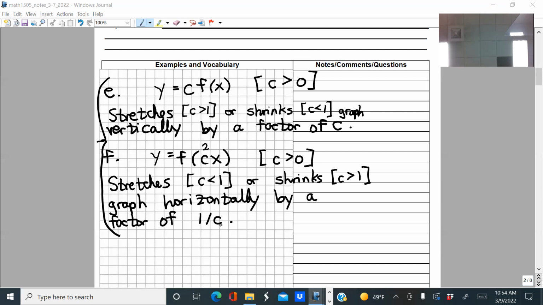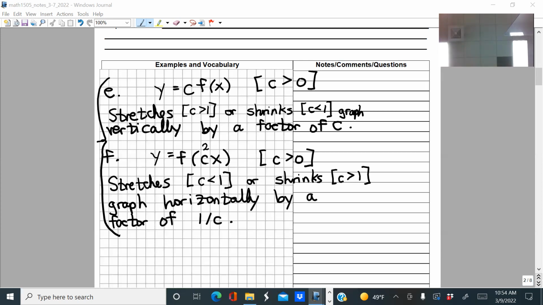Now, the other type of stretch is exactly the same, all right? They have the constant written on the right-hand side. But you can move that constant to the right-hand side just by dividing both sides by C, right?